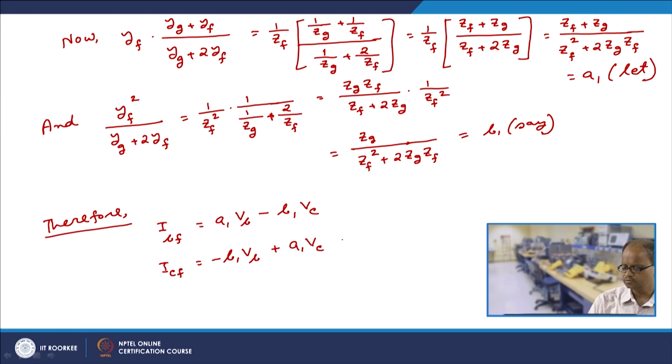And IAF is equal to 0. So these are the three equations.